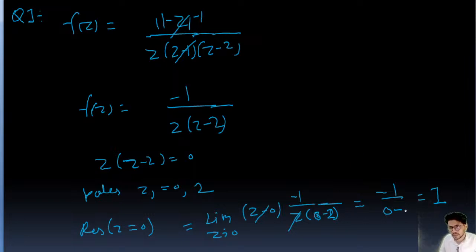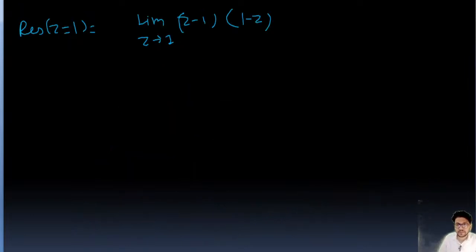This will get cancelled, 0 minus 2, and this value is going to be minus minus plus 1 by 2. So the residue at z equal to 0 is 1 by 2, guys. Now similarly, we will find the residue at z equal to 2.